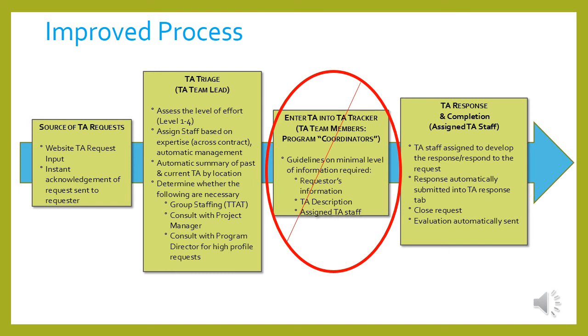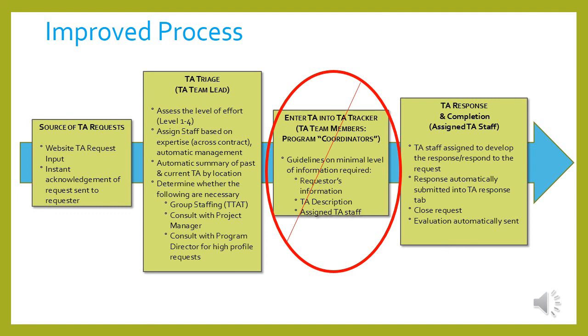This will help in determining staff, assigning staff to the TA record based on the location. Then we'll also need to do some human touch in determining if a manager needs to be involved in this TA request. The third step in this process would be entirely eliminated. The TA request will already be in TA Tracker, and we will no longer need to have guidelines on minimum level of information required because it will already be automatically inputted through the website TA request form.